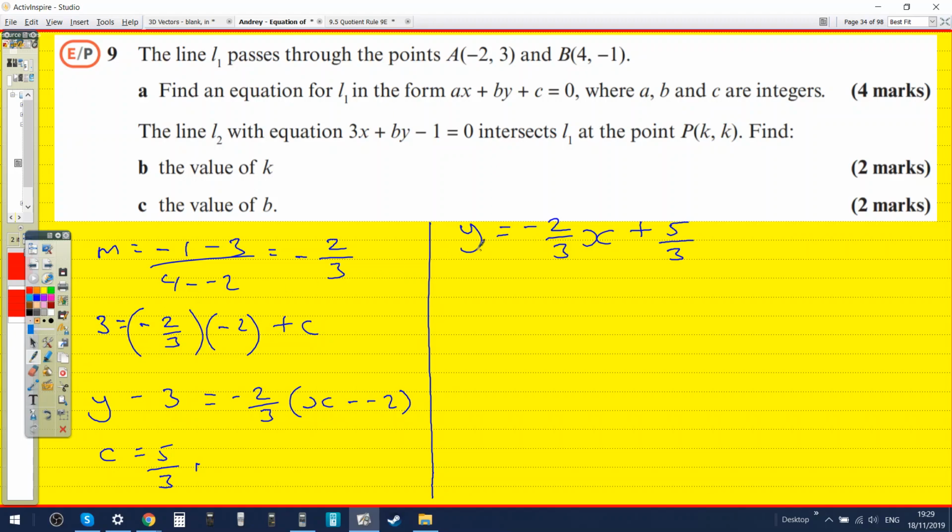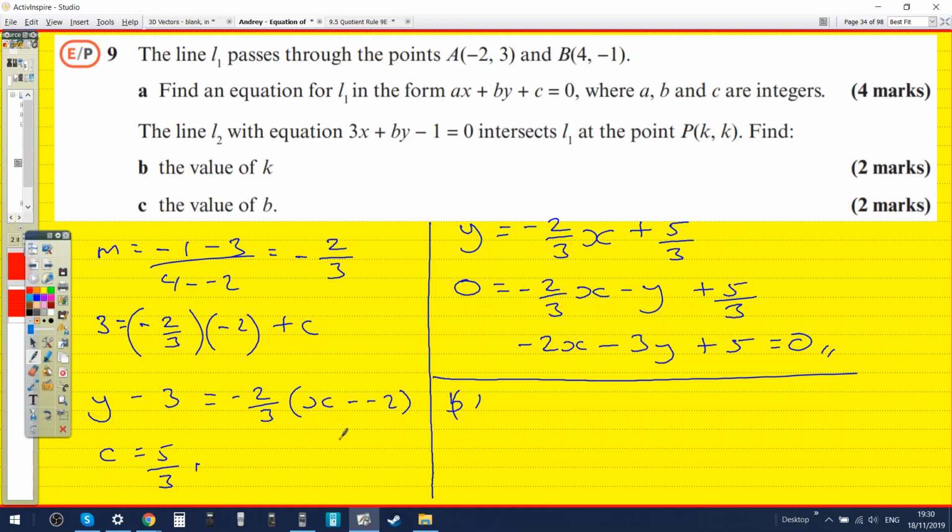So now I need to make it 0 equals minus 2/3 x minus y plus 5/3. And now I need to times that equation by 3, don't I? Mm-hmm. And so that'll be 0 equals minus 2x minus 3y plus 5. That's it. Okay. And they had equal to 0 on the right, so I put it on the right.